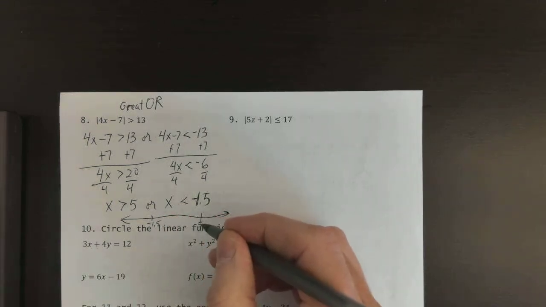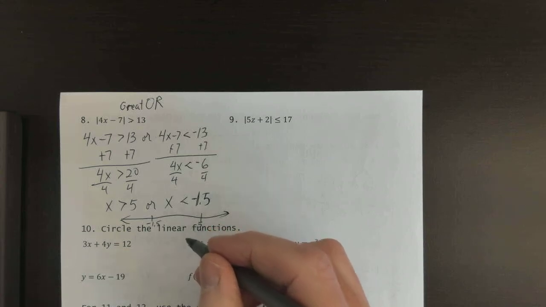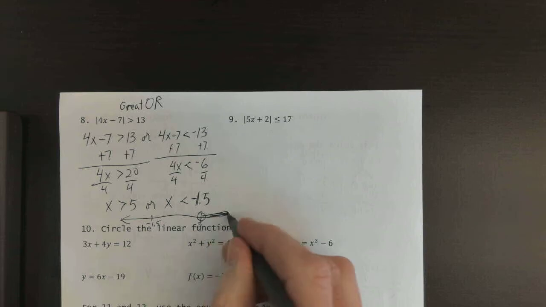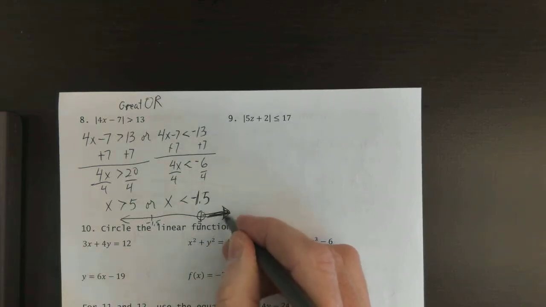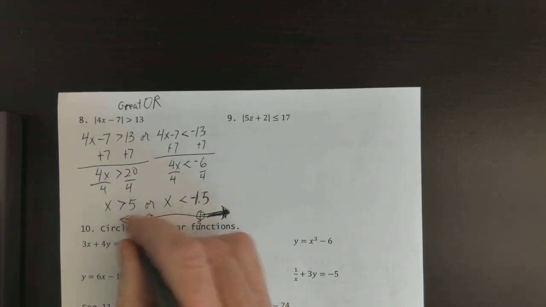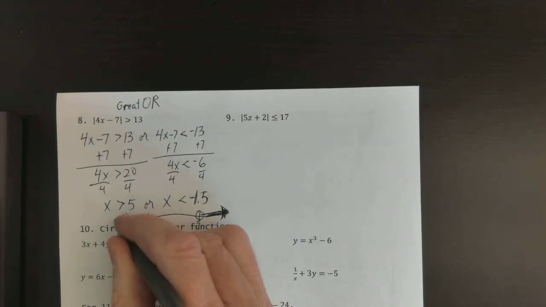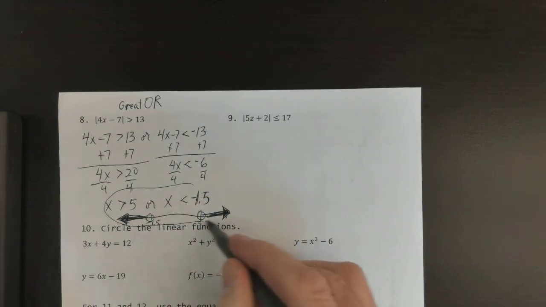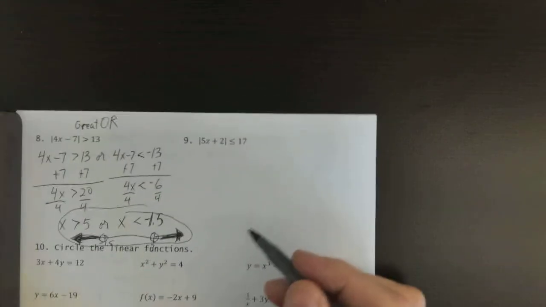Here is 5. Greater than 5 is that direction. Less than negative 1.5 is this direction. So here it is.